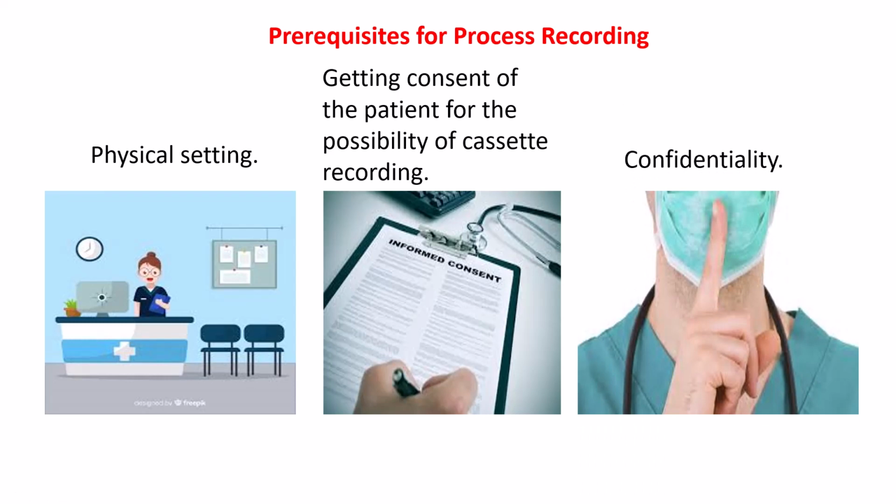That's why they will not accept that person for any job or work as normal people. So confidentiality is very important, and mentally we have to prepare for that. So these three things are very essential before we start our process recording.